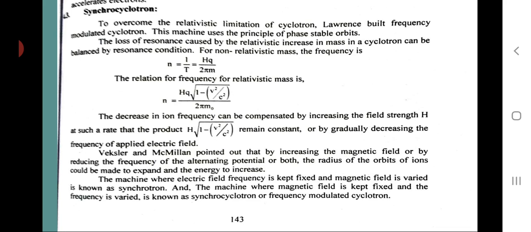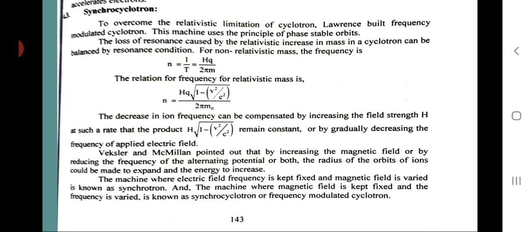The loss of resonance caused by the relativistic increase in mass in cyclotron can be balanced by the resonance condition. For non-relativistic mass, the frequency is given by n equals 1 upon T, which is equal to Hq upon 2 pi m.